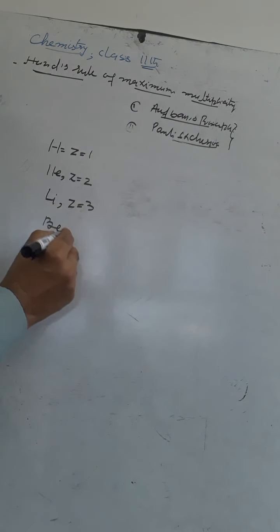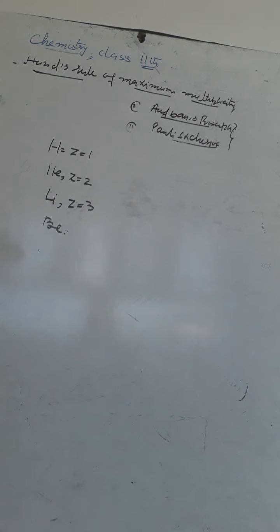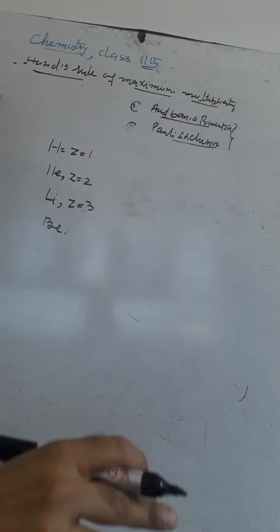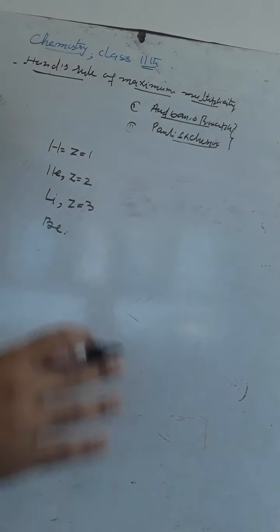To explain this, let me now quote the examples of the first 5, 6 elements, and how Hund's rule works in filling the electrons in the orbitals of the same subshell.